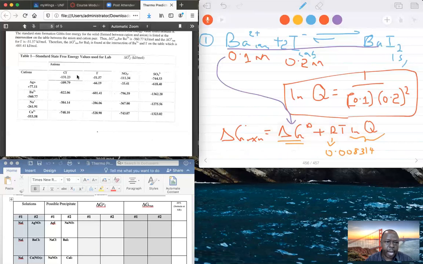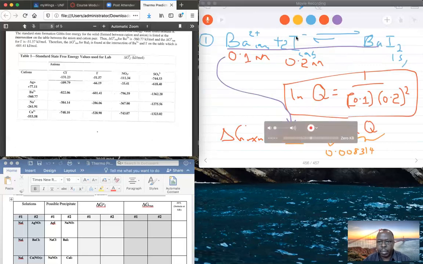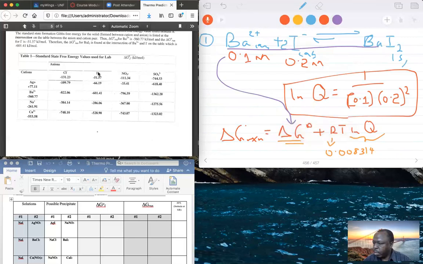For an ion, anions negatively charged, so I'll just say 2 times for iodide is 51.57, because I have two iodide ions here. So I multiply this value by 2.